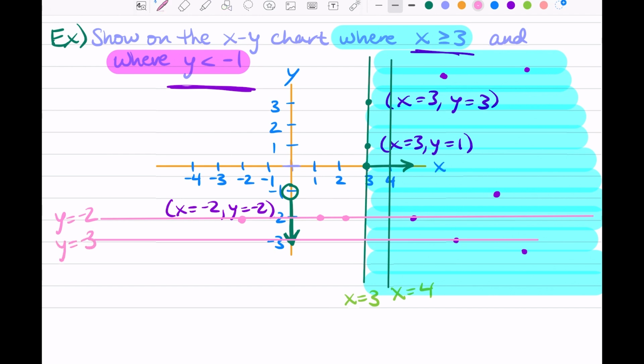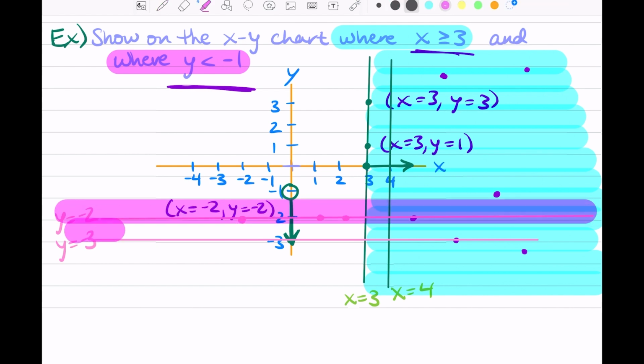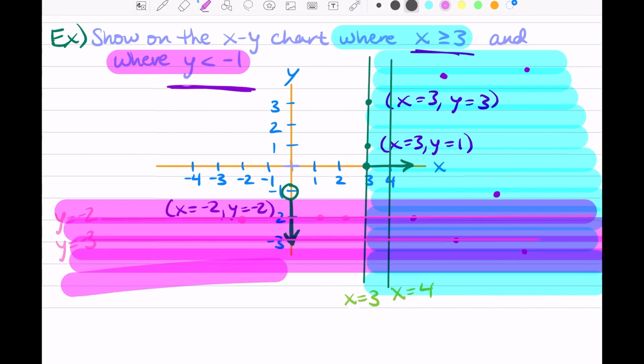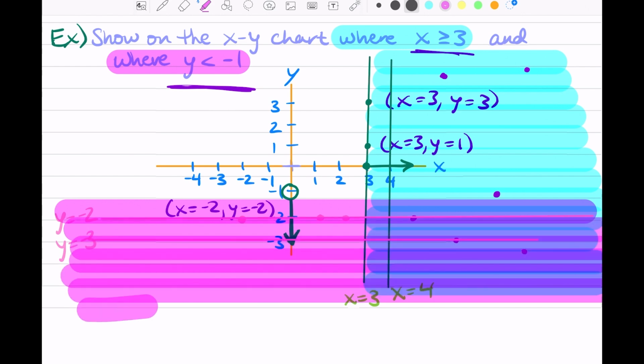But now we're considering the x's, so we expand it left and right. And so overall, we can say that this entire region below our circle is where y is less than -1.